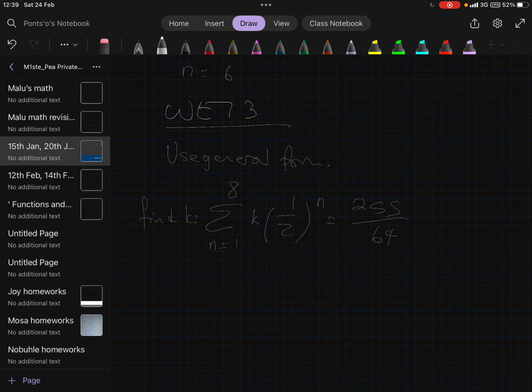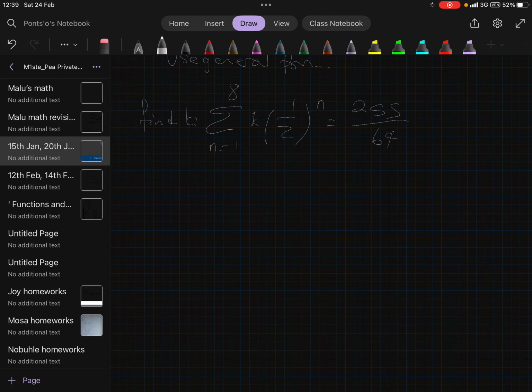And k is an unknown that is multiplying the expression half to the power n. But we can still express term 1, which is k times a half to the power 1, which is a half times k.